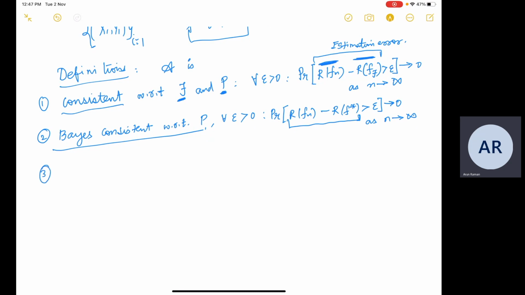Now the third aspect is that which we will not touch upon, but it is just a semantic issue. We will add universal to these two definitions, like universally consistent with respect to the function class f, or universally Bayes consistent if they work for all probability distributions.